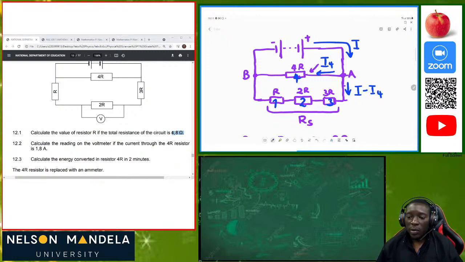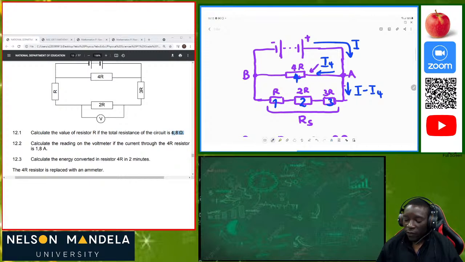Because charge is never created nor destroyed. That's the principle of conservation of charge. The amount of charges that reach point A are distributed such that some flow through the branch to 4R, some go through the branch to the other 3 resistors. So the current will split into I4 and I minus I4.